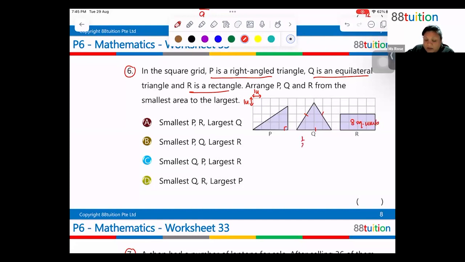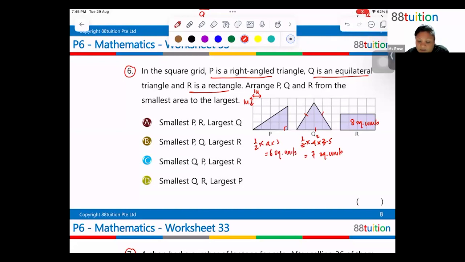This will be half times base times height to give me, is it 1, 2, 3, about 3.5 times 4 to give me 7 square units. And this is half times base times height to give me 6 square units.